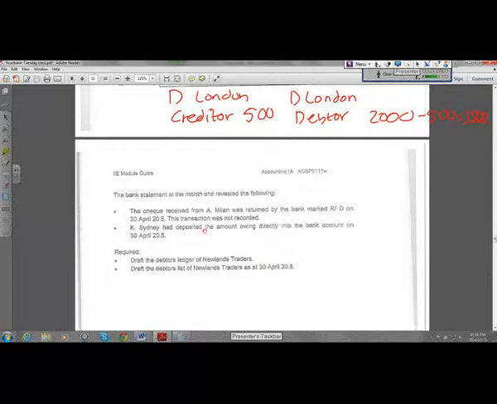Now that we have opened the accounts of 2 customers, we prepare the debtors list. The debtors list is basically the balances that the customers are owing us at the end of the month. It's very easy.